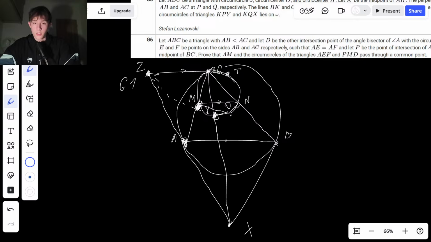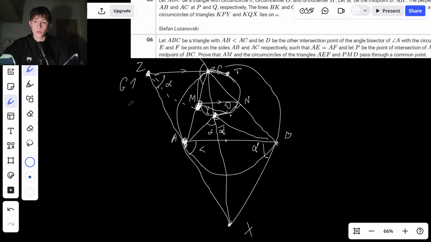Let's just quickly come up with something. So if this angle is 180 minus gamma, then we know that this is 180. If this is alpha, we essentially know that all these three angles are alpha. So 180 minus alpha, and we know that this is alpha.